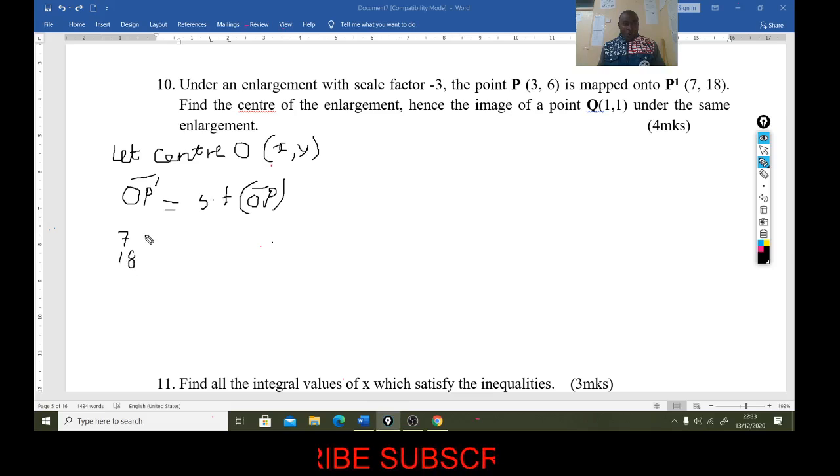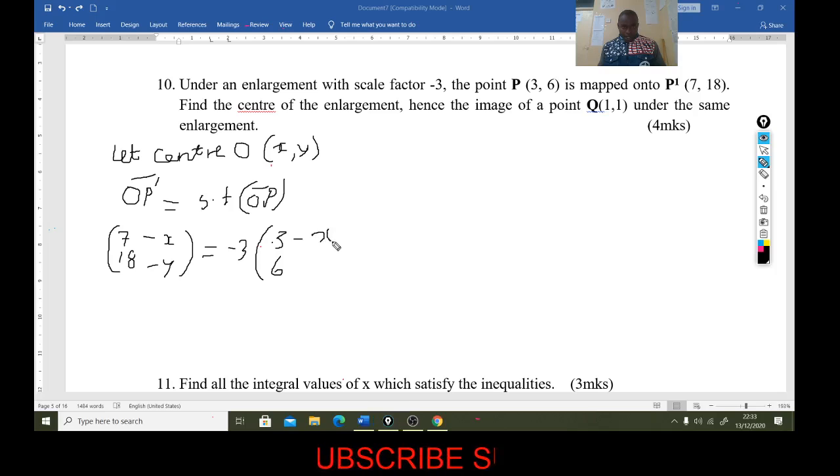If you minus xy, it will still be minus x, minus y, equals the scale factor. The scale factor is -3, into brackets. This is the object, which is (3, 6), minus the center, which is (x, y), minus x, minus y.